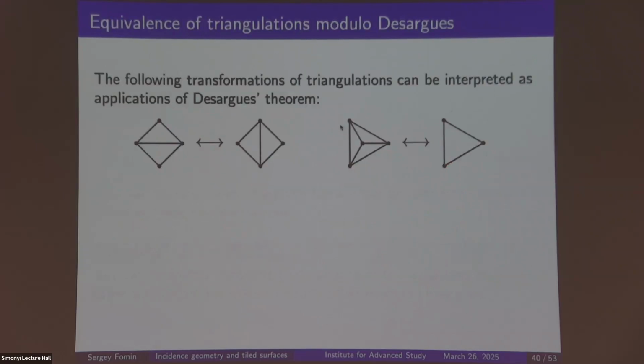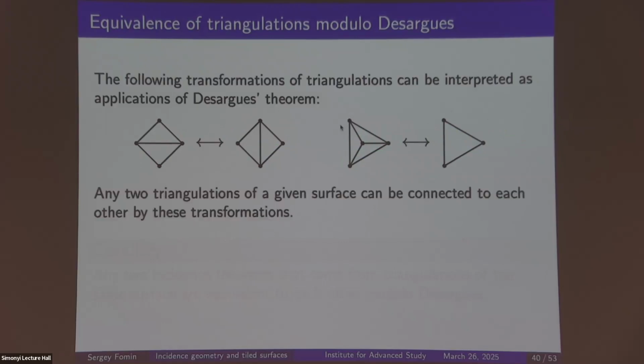So now remember, the Desargues in the triangulation version corresponds to a tetrahedron, right? So when we replace this by this, we are gluing in a tetrahedron. When we replace this by this, we are gluing in, or removing when we go back. So two triangulations that differ by flips like this correspond to theorems that are equivalent modulo Desargues in a simple way.